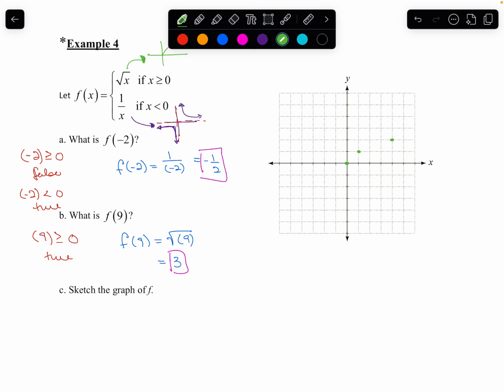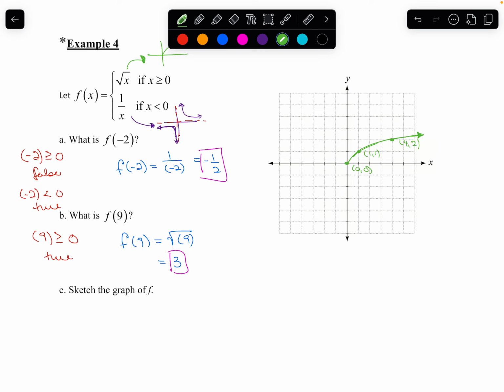So we have those key points on this side. We have the arrow continuing because we have no endpoint. It just says for x greater than or equal to 0, so it continues on that way. We always want to label some of these points as well: 0, 0, 1, 1, and 4, 2.